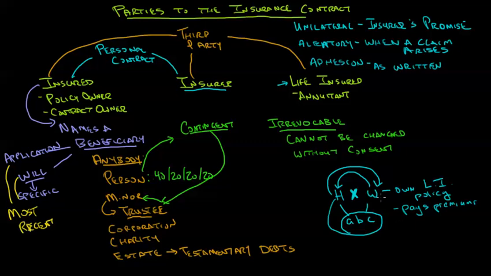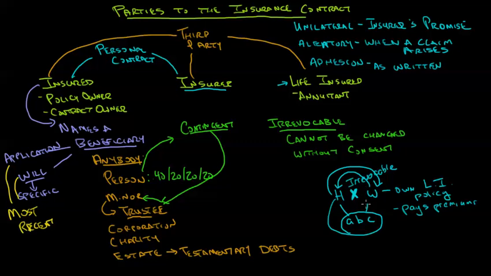So we might have the wife now name the husband as an irrevocable beneficiary. So she might make this irrevocable beneficiary designation, and likely this would be a reciprocal arrangement where the ex-husband also has life insurance, naming the wife as beneficiary, and she's also named as an irrevocable beneficiary.